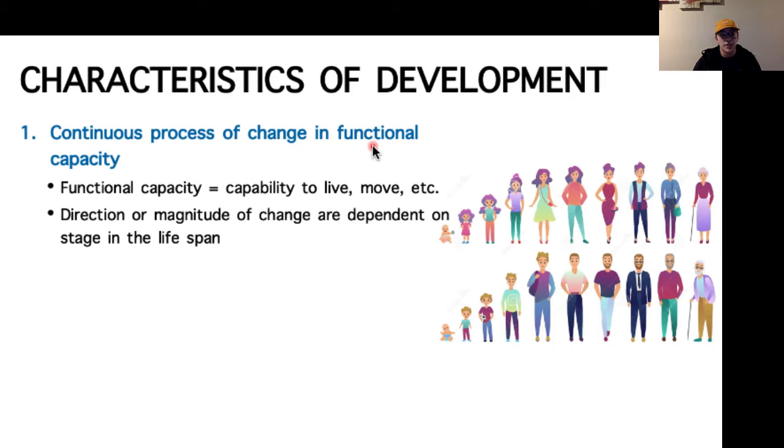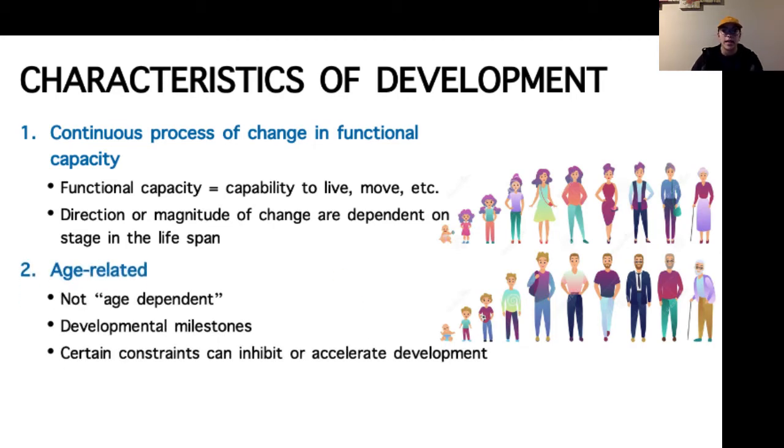So the direction or the magnitude of change are going to be dependent on the stage in the lifespan. The magnitude of change can also be small or big. So how we change is going to be largely based on the constraints that we end up interacting with, and I'll get to constraints in the next section. So we have development as a continuous process.